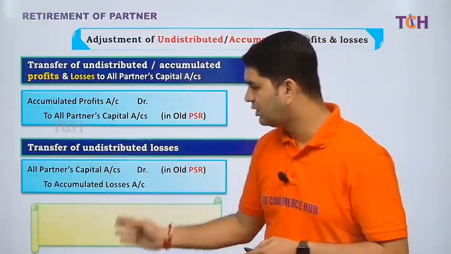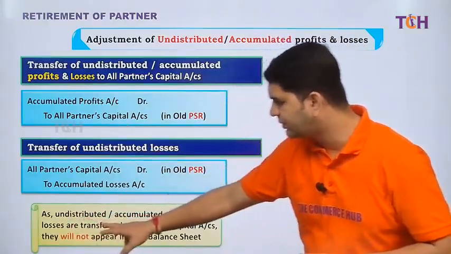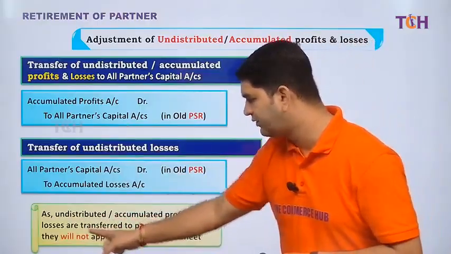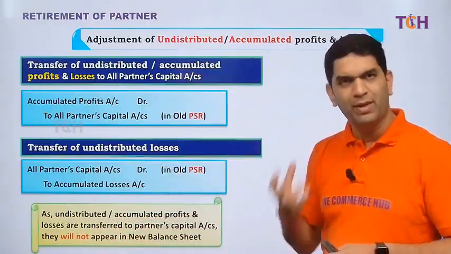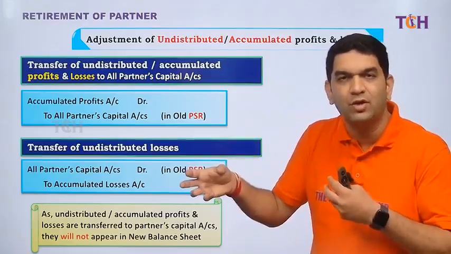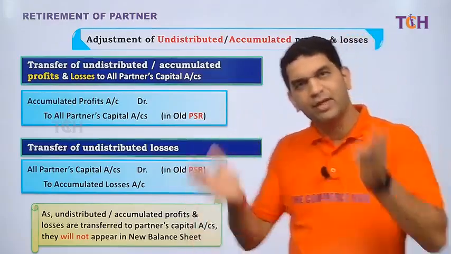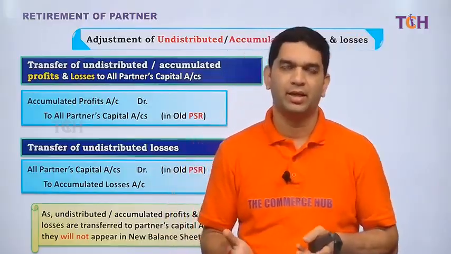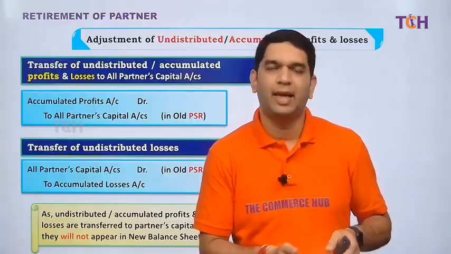So this is the logic we have. Now, as undistributed accumulated profits and losses are transferred to partners' capital accounts, they will not appear in the new balance sheet. In the old balance sheet, we had these amounts on the asset or liability side. Now we are transferring it to capital, so for the new balance sheet, there is nothing remaining on the asset or liability side.